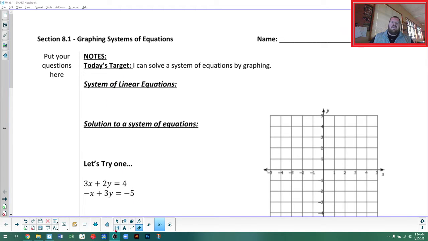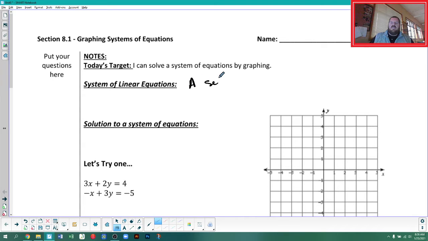A system of linear equations is a set, and I'm going to say a set being like a collection, maybe we'll put it in parentheses, of two or more.